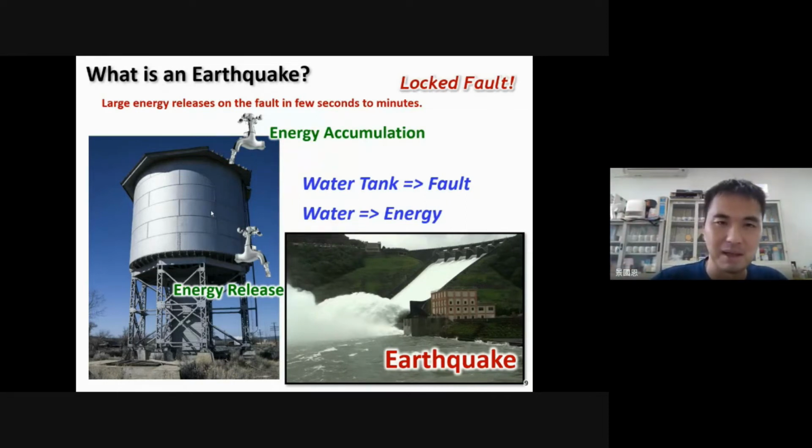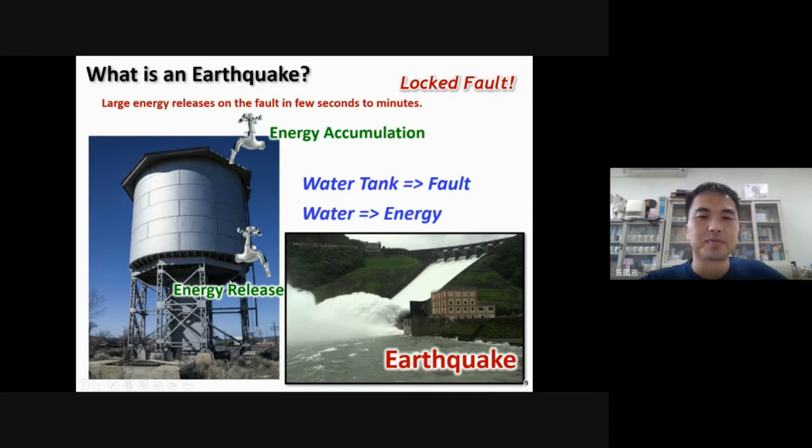Once the energy is released from this tank in a few moments, the size of the water tank or the size of the fault will be equal to the maximum magnitude of the earthquake. So the size of the water tank will give us the information of the possible maximum magnitude of the earthquake.